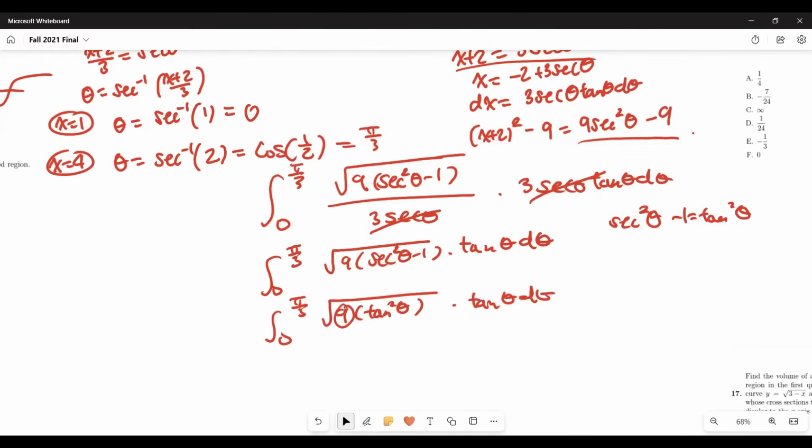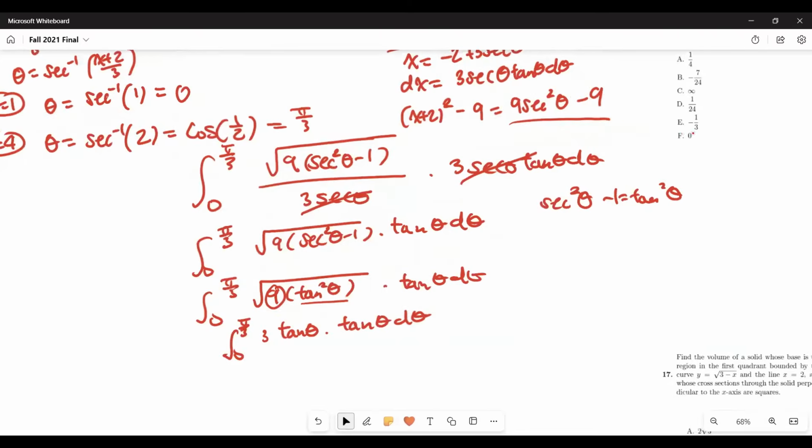The square root of 9 is just 3. The square root of tangent squared theta is just tangent theta, so this is going to be 0 to pi over 3 of 3 tangent squared theta d theta.